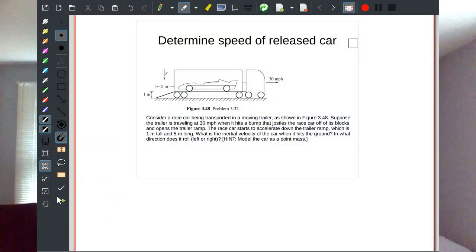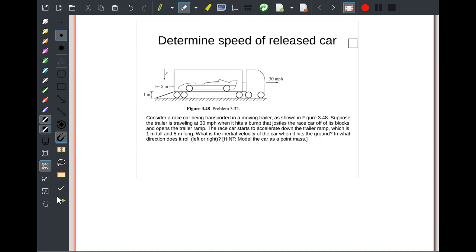And if it does follow, how quickly is it following? Here we're looking at a car that falls off, so there's a bump, and then this car starts to go down this ramp. And we want to know, once it reaches the bottom of the ramp, so once it's down here, is it going to be moving this way or that way?